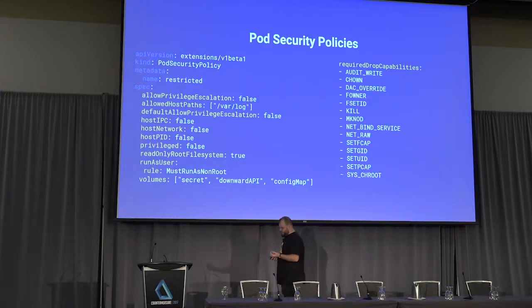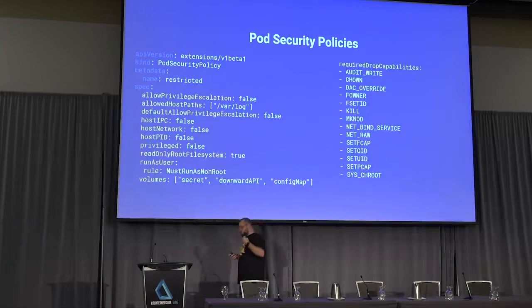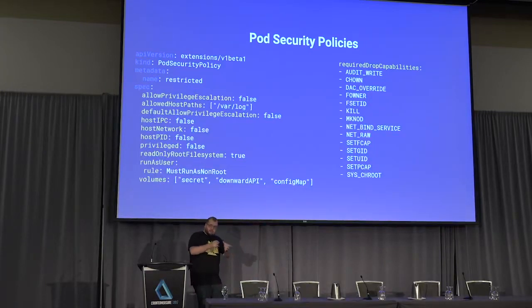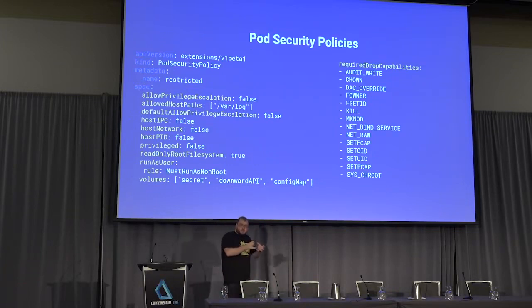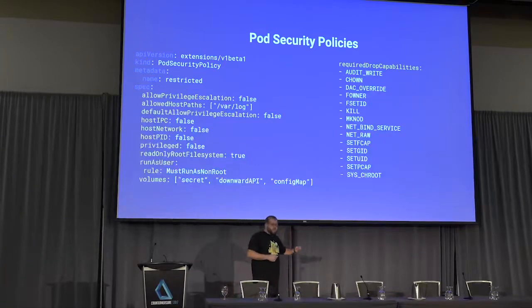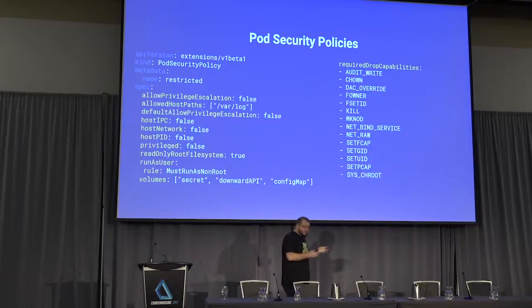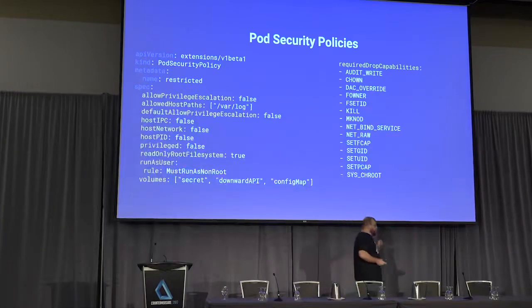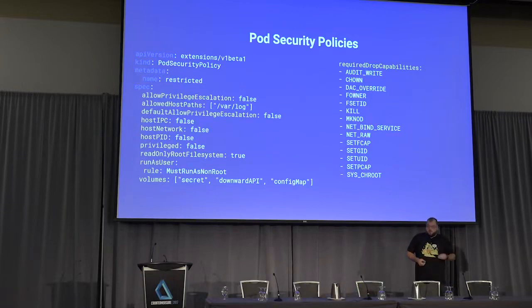In like Linux 2.6 or something like this, they created the ability to break down the privileges that root has available to it into what's called capabilities. And then because of the abstractions that are provided to us through Docker and Kubernetes, we can then drop specific capabilities. It's important to note that Docker doesn't do all this by default.